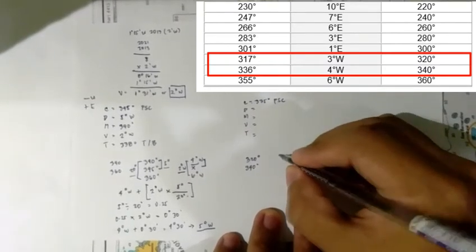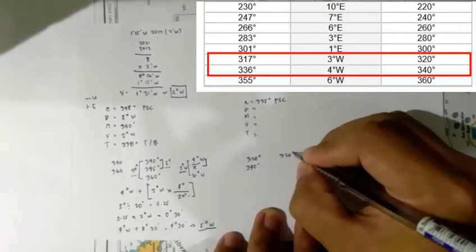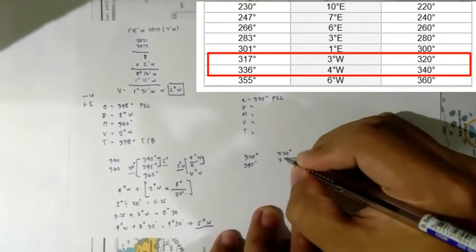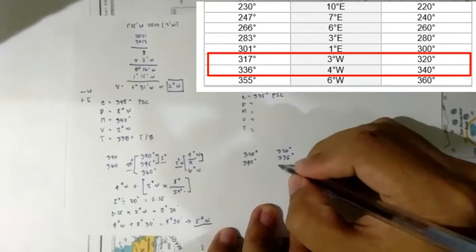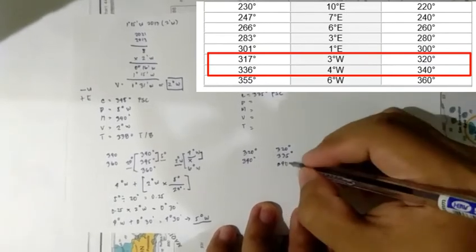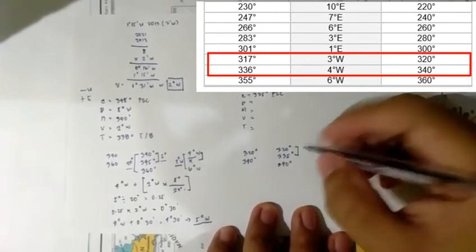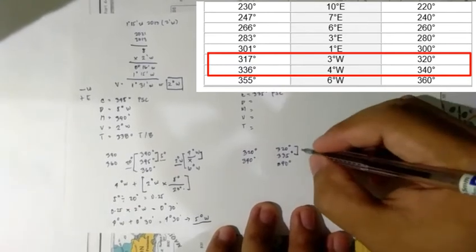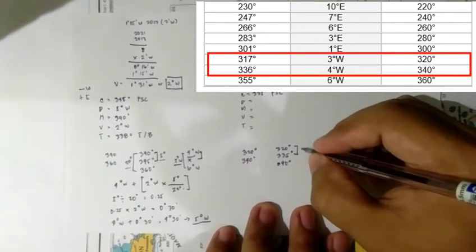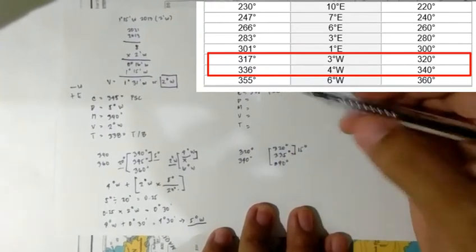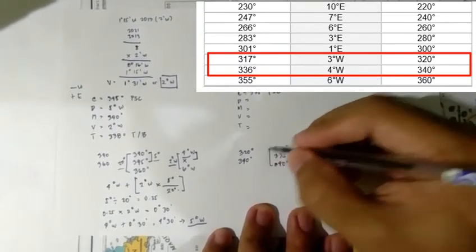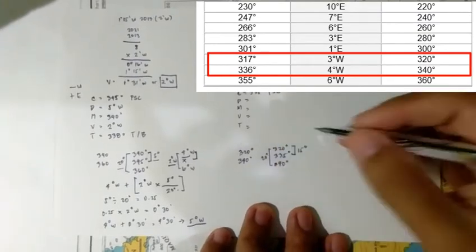So we'll use 320 degrees, write our given which is 335, and 340. We will find the difference, which is 15 degrees, and the difference of 340 and 320, which is 20 degrees.